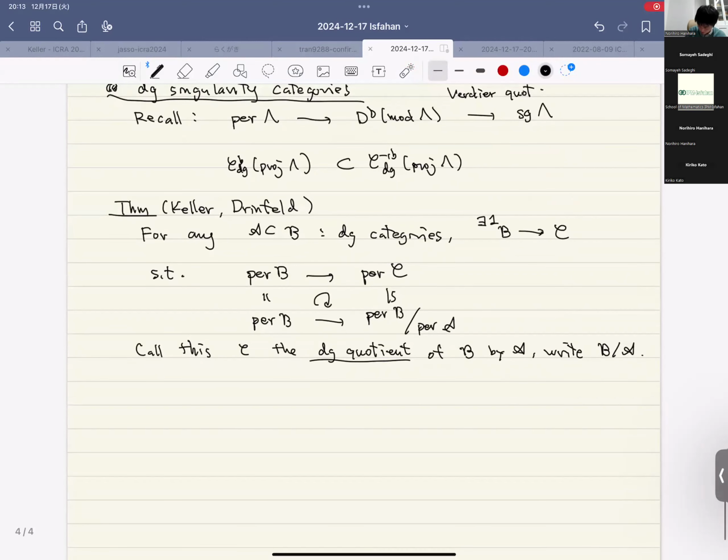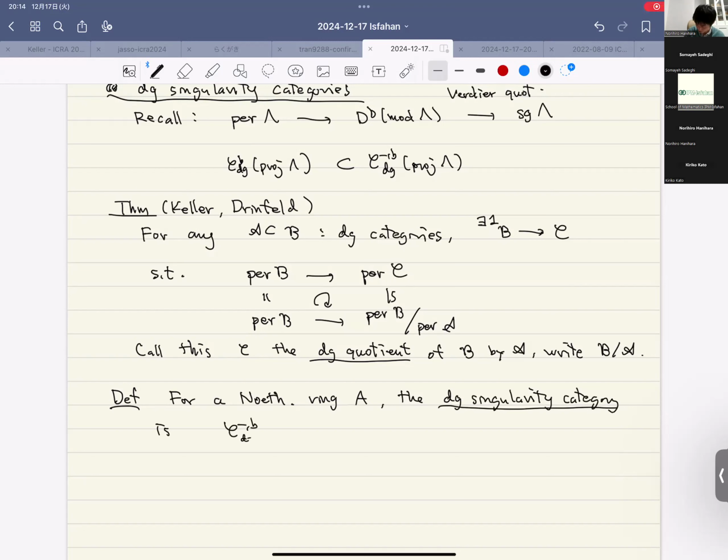For a Noetherian ring A, the DG singularity category is defined as the DG quotient of C^- DG proj modulo C^b DG proj, and I will denote it by S_dg(A).